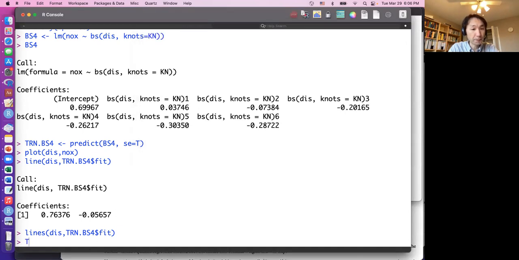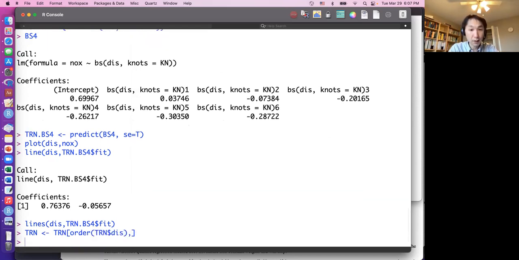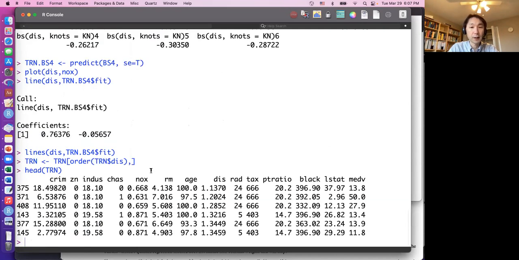So training set is training set, but we change the order. So this is TRN, distance, and all columns. So now the training data set is ordered by distance: 1.13, 1.20, 1.28. So this is increasing order.